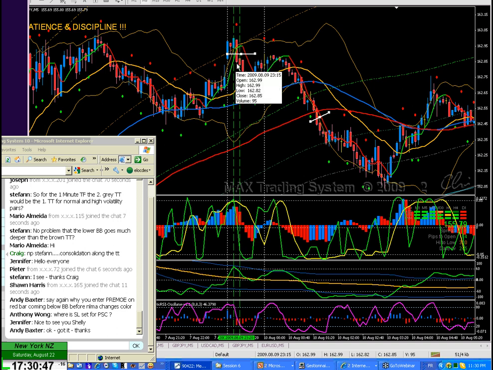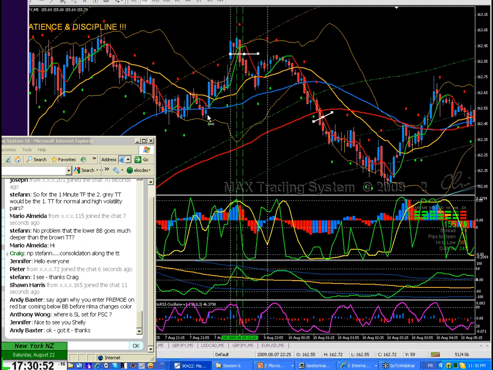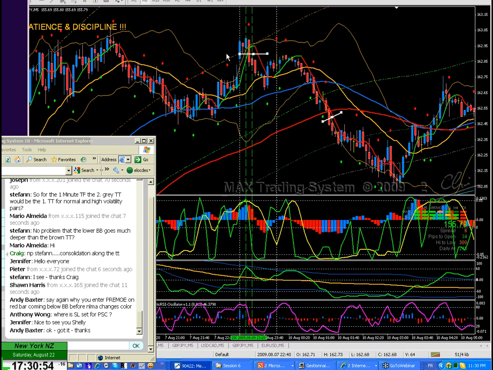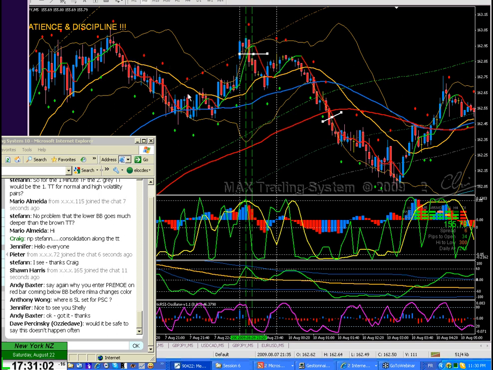Now, I have told you the rules of the third TT or more for normal and high volatile pairs, or the second TT or more for the low volatile pairs. If you follow each pair you are trading over time, you will see that sometimes the pairs will have more ample movement, or less ample movement.